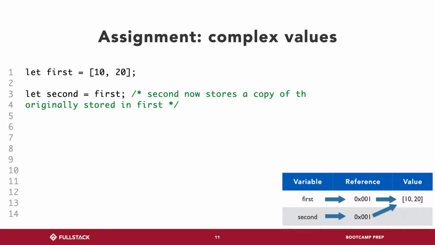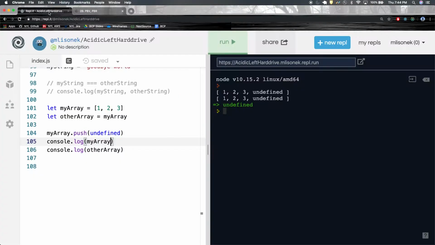Yeah. It's going to be the mutated thing. So yes, the order does matter. JavaScript is a single-threaded language. So it runs one line at a time, right? Let me show you here.